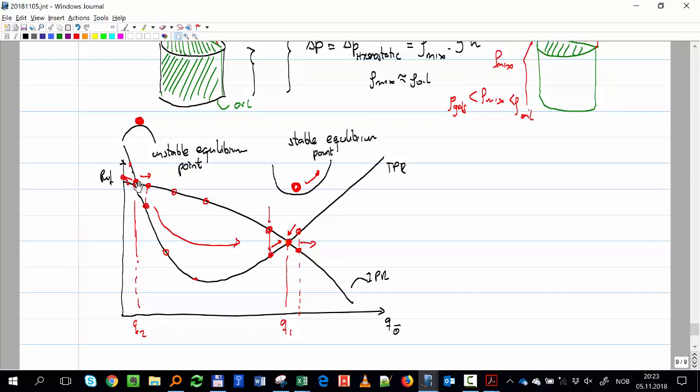You start again, it goes back and stops. Start again, you go back and stop. So sometimes you have to help these wells start up such that they start to the right of this point, so that they reach this equilibrium. That's very challenging. Sometimes you use all kinds of methods, artificial lift, but you try to bring it such that it won't be to the left of this point.